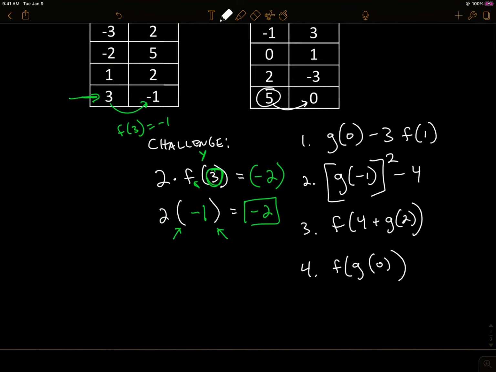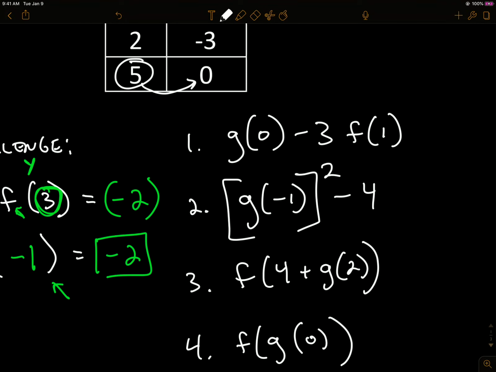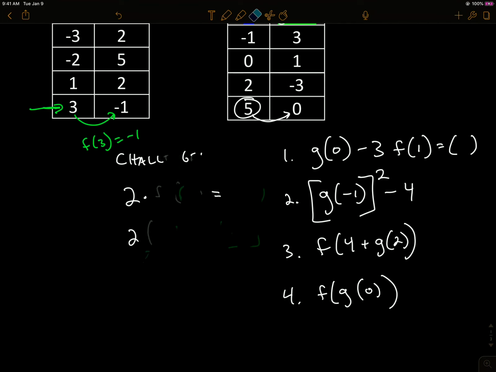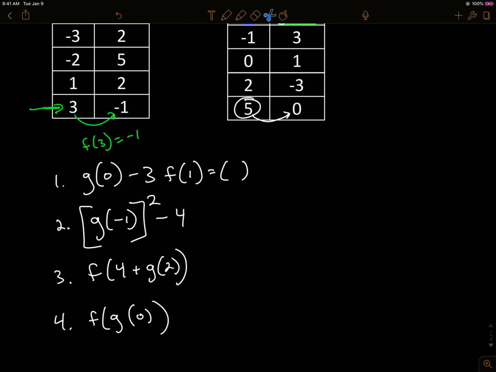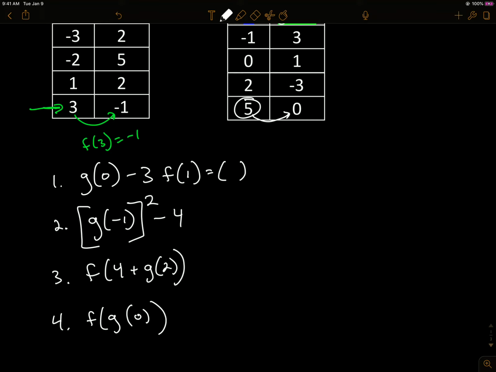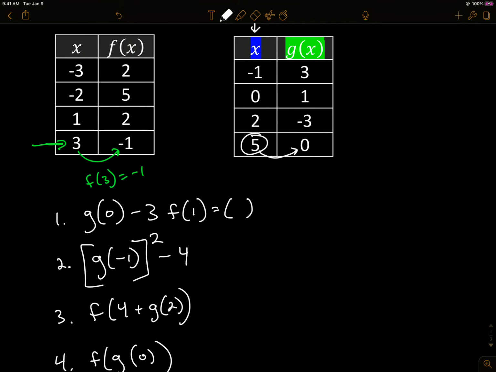Okay, so let's check your answers. So g of 0 minus 3 f of 1. I need some more room to write this stuff down in our challenge problems. G of 0, that means I locate 0 on the g table, maps to 1.